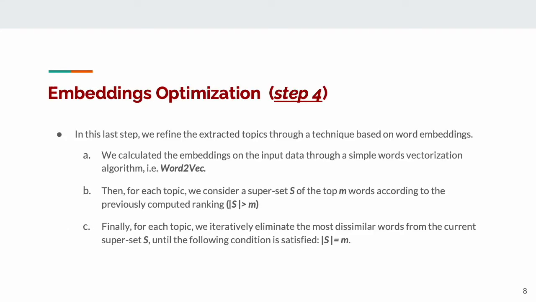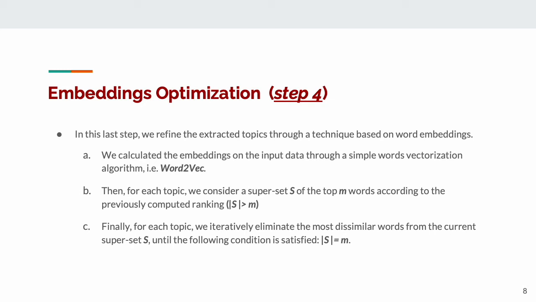Finally, in the last step of GCTM, we refine the extracted topics through a technique based on word embeddings. To be specific, firstly, we calculated the embeddings on the input data through a simple word vectorization algorithm like word2vec.